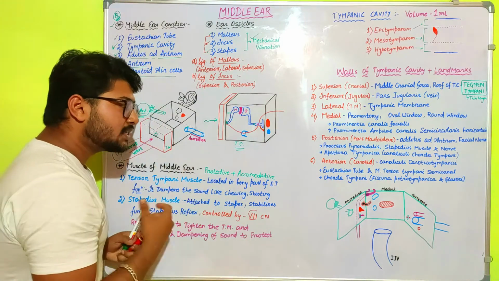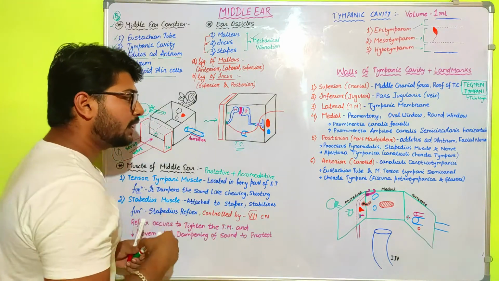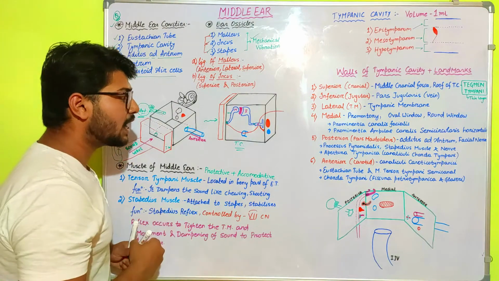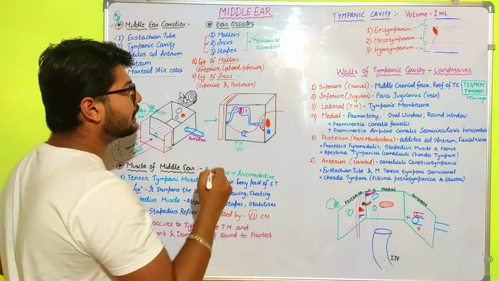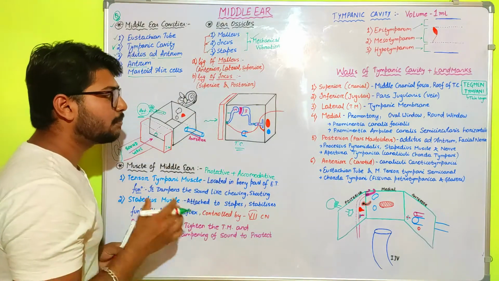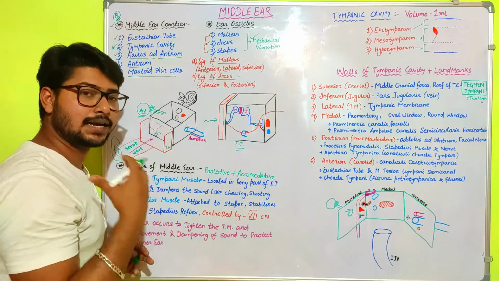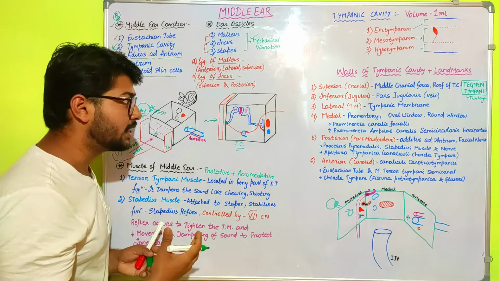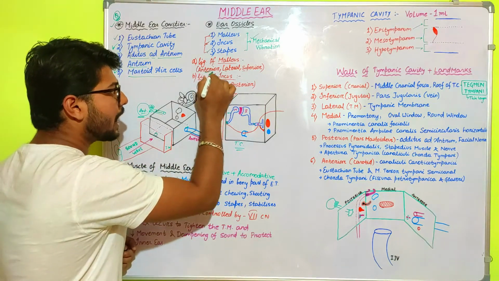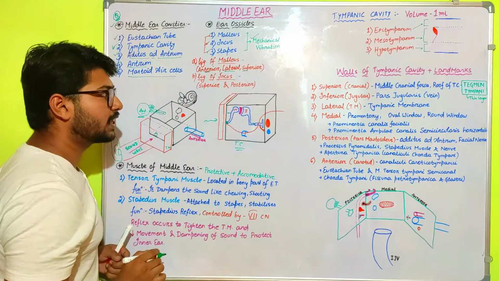The ligaments that are attached to the proper ear ossicle, like the ligament of malleus, it means that the ligament is attached with the malleus and it helps in the vibration process of malleus. So what are the ligaments? Anterior, lateral, and superior.